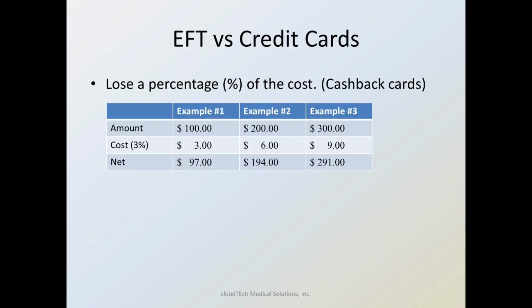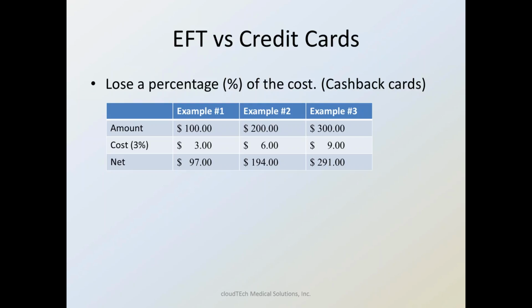What the credit card companies did is they basically changed everybody's agreement and said, if you are going to take our credit cards, you are going to agree to pay the cash back. So for Visa and MasterCard, it would typically cost you 2%. But if it's a cash back card, it might cost you another 1% or 1.5%.